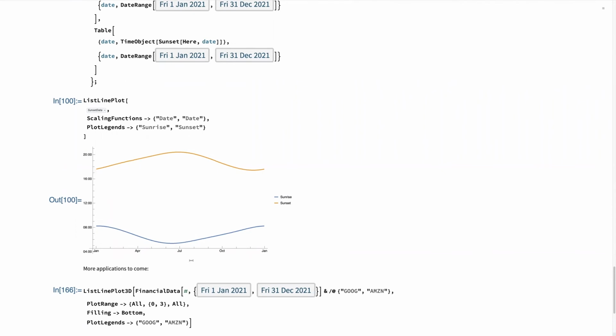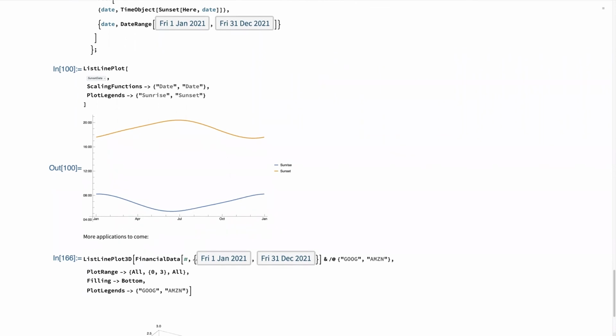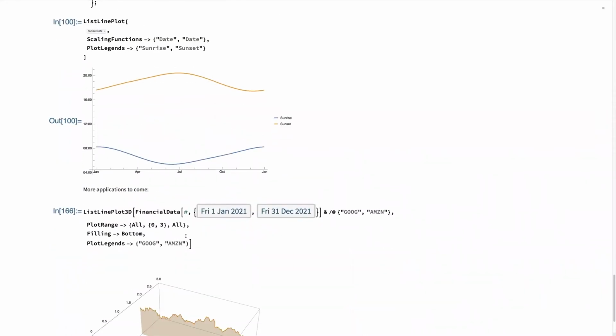You may ask why we need the date scale in this line plot when we already have the date list plot. That is true, but this is just one example in the greater scheme: we are trying to support date scale in many visualization functions, if not all.